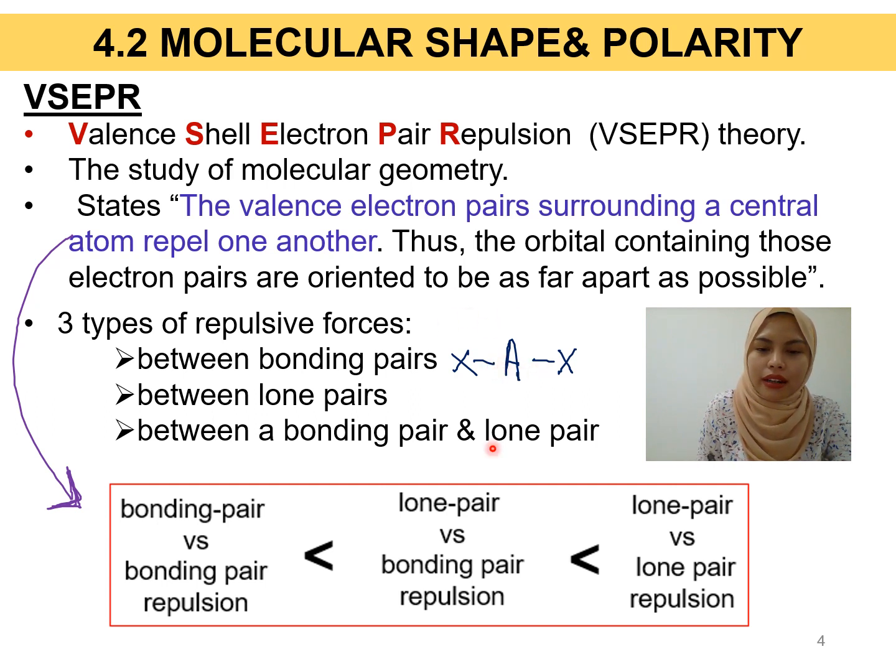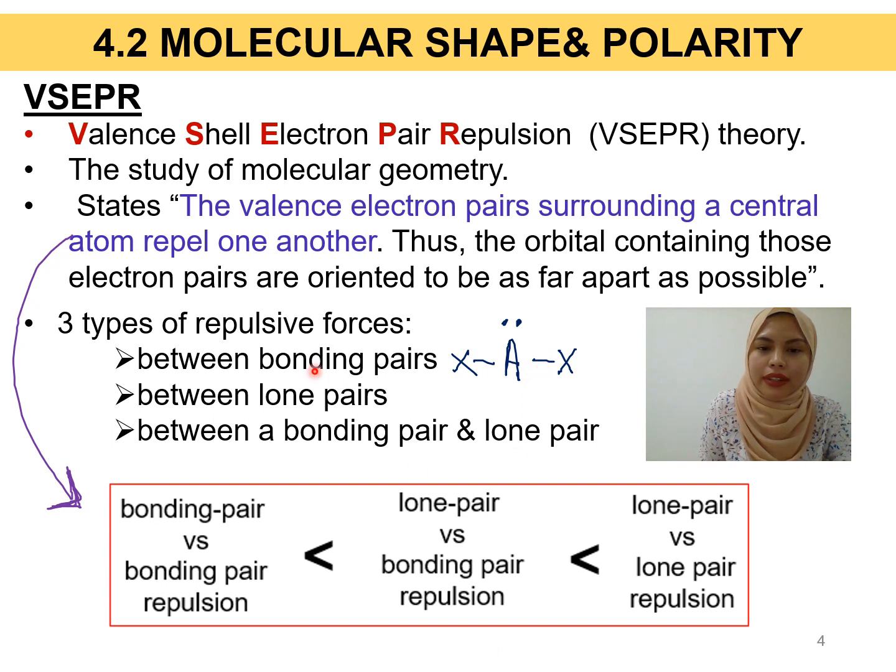If I put a lone pair, if my central atom A has a lone pair, then the lone pair with bonding pair repulsion is more than bonding pair repulsion. Okay, so now the repulsion is between lone pair and bonding pair.